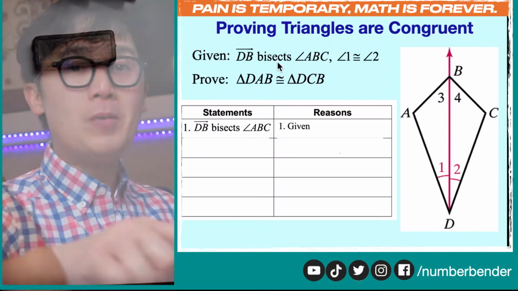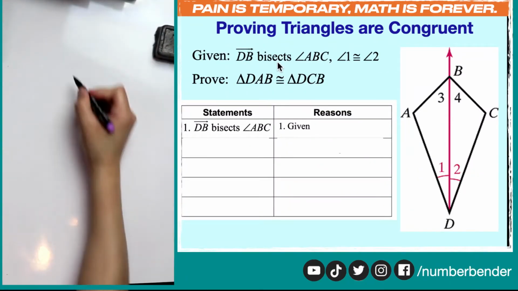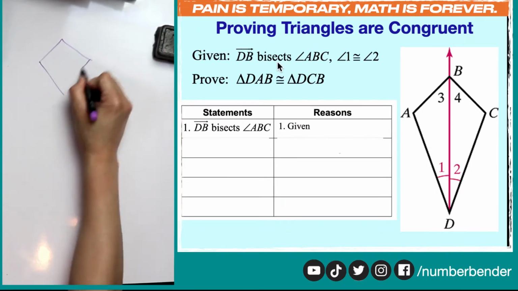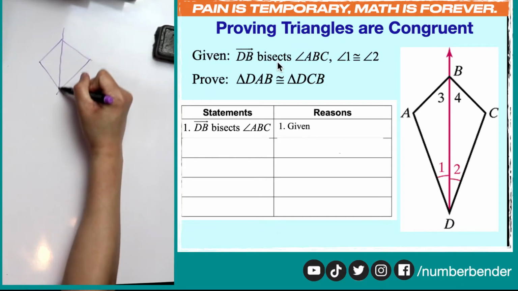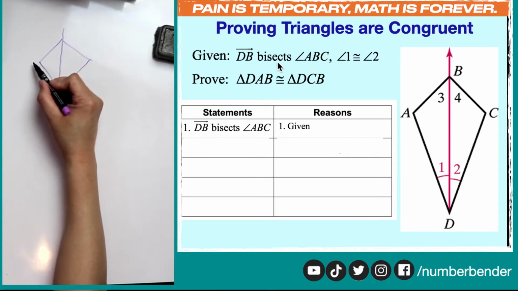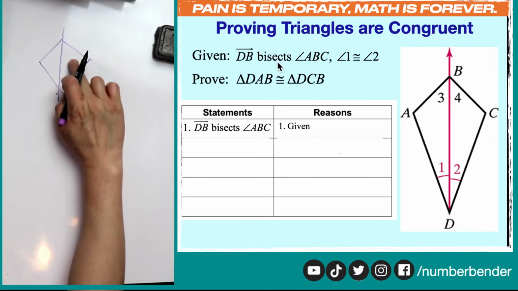And every time we work with a two-column proof, it's always good to draw the figure, even if our drawing is not as pretty as the original drawing, but by doing so, we'll be able to identify the postulates and theorem we will use to prove that this triangle is congruent to this triangle.